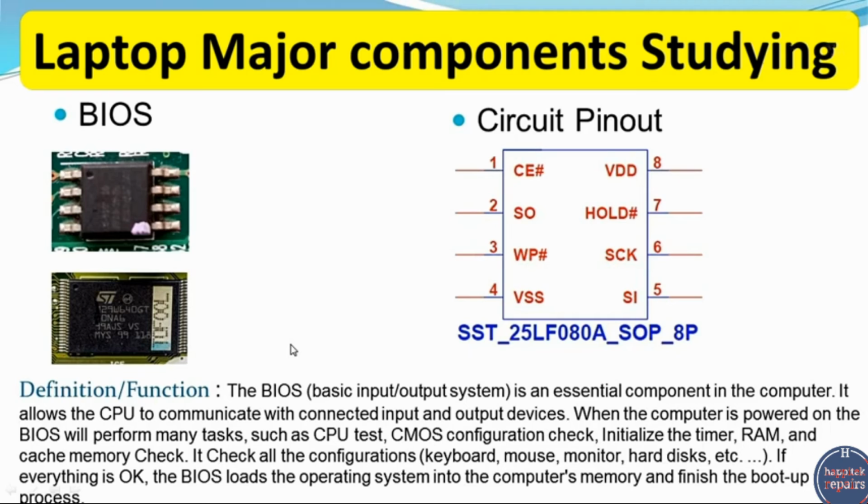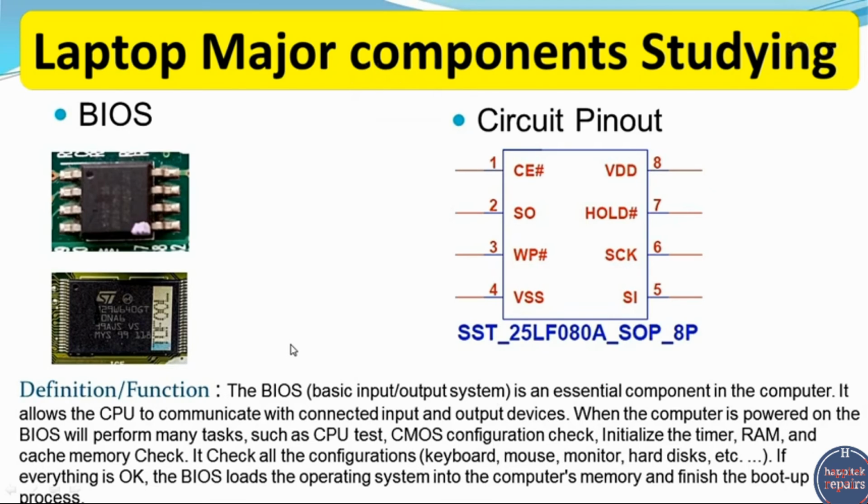Pin number 2 is the serial output. Pin number 3 is write protect. Pin number 4 is connected to the ground. In pin number 5 we have serial input. Pin number 6 is the serial clock. Pin 7 is hold, and in pin number 8 we have the VDD, or the working power for the BIOS.